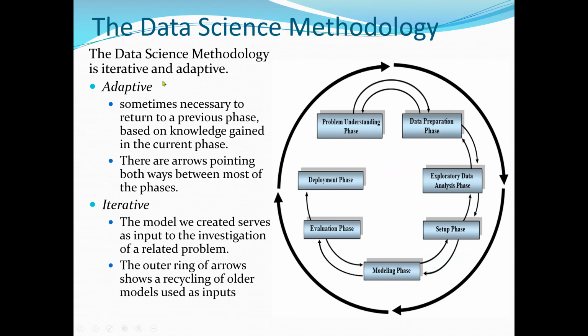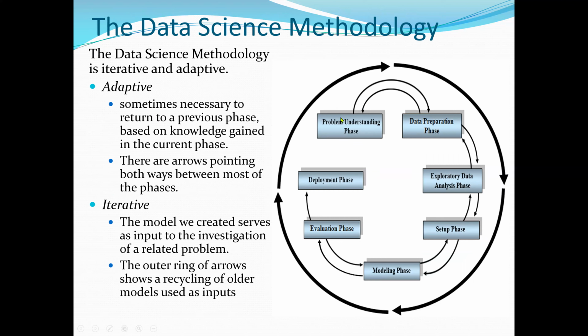A data science methodology is normally interactive and adaptive. When we say adaptive, sometimes it's necessary to return to a previous phase. So I may be on phase one, the problem understanding phase, I went through the data preparation phase, and I did the exploratory data analysis, but I found out something's wrong.